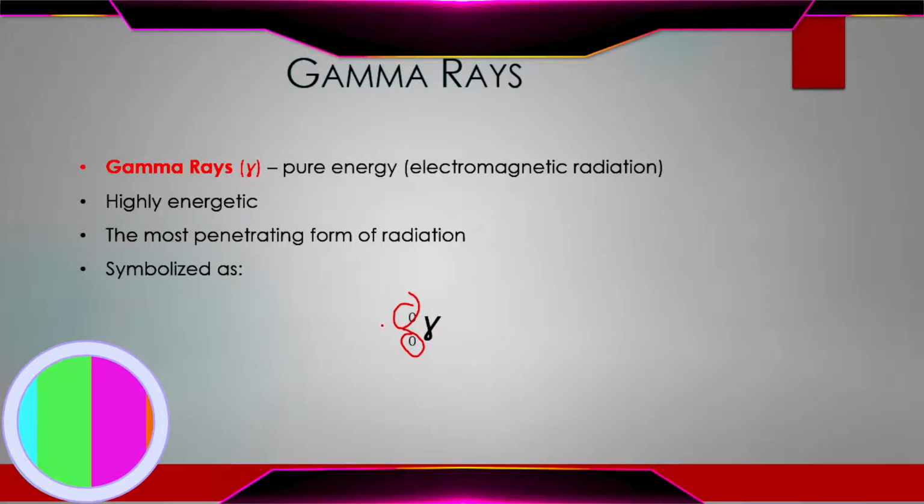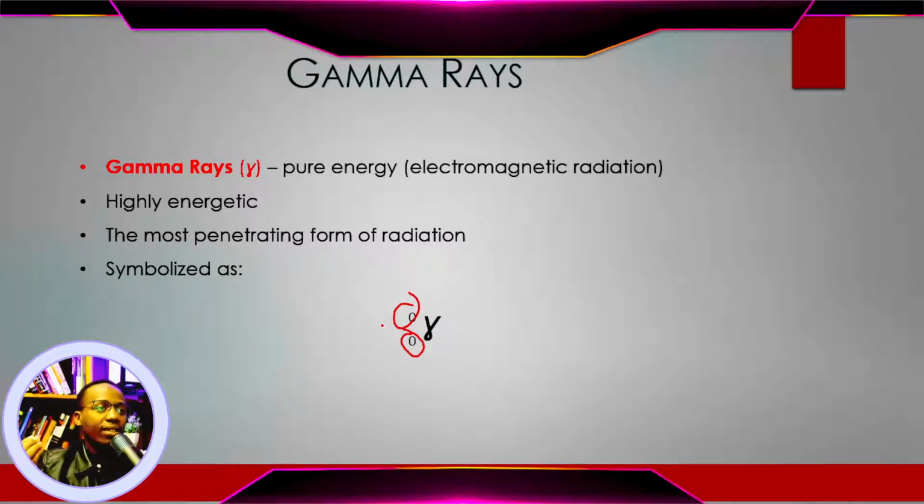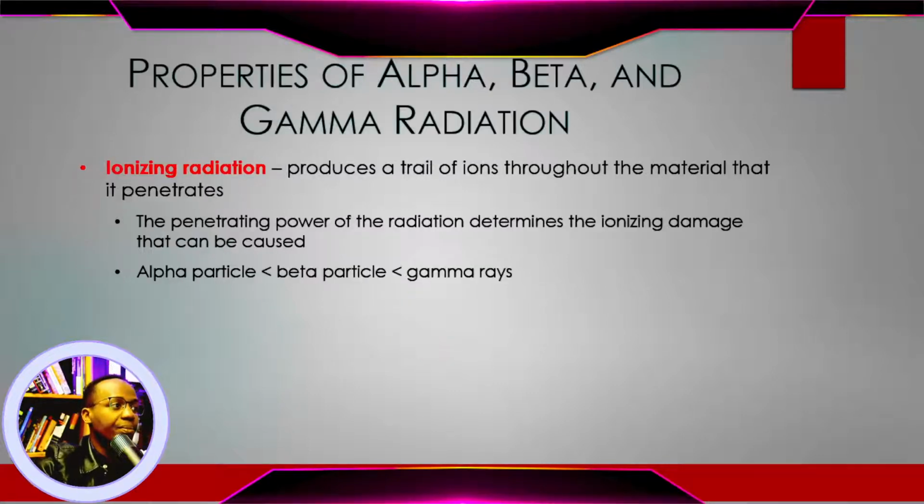And this is the most penetrating form of radiation. This is the most energetic form of radiation. So one of the questions that I like to ask is, what's the most energetic particle between alpha, beta, and gamma? And gamma is the most energetic. All right. So all of these produce what we call ionizing radiation. Why is it called ionizing radiation? Because whenever it goes through something, it creates ions, creates a trail of ions.